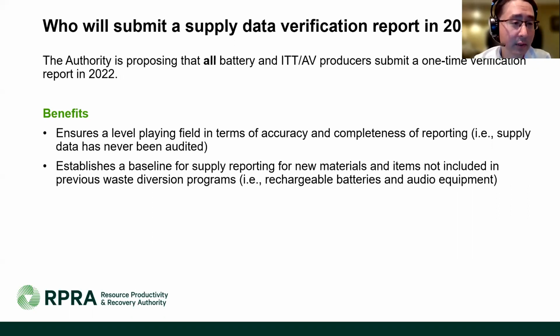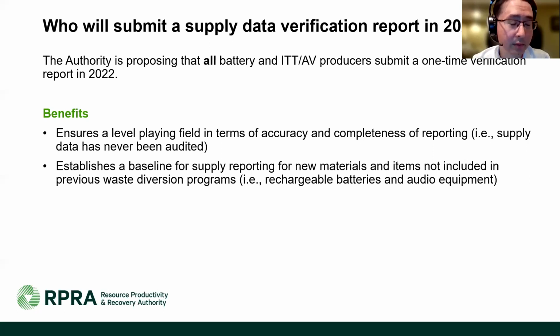Because of the following two benefits. Having all battery and ITTAV producers submit a verification report will ensure a level playing field in terms of the accuracy and the completeness of the report. This is important because the historical supply data, which were submitted to SO and OES, were not audited before.